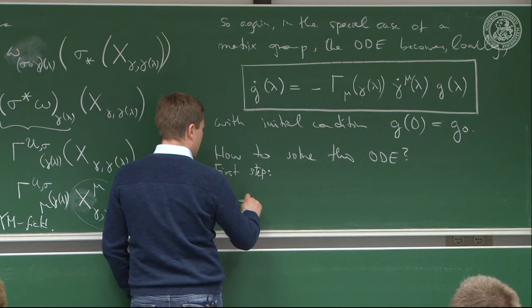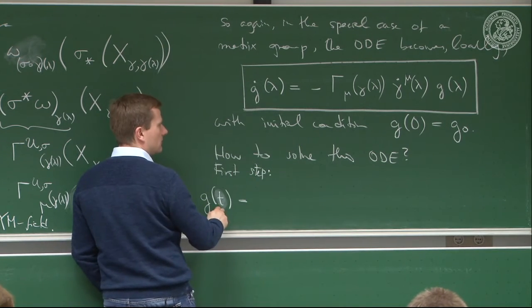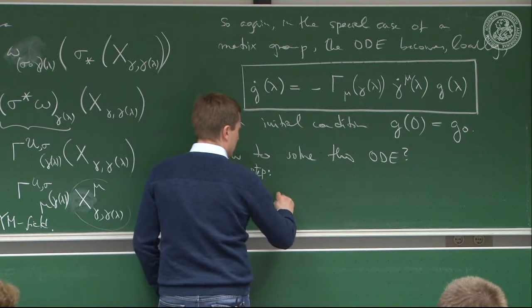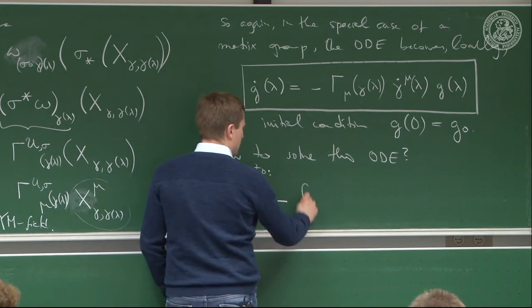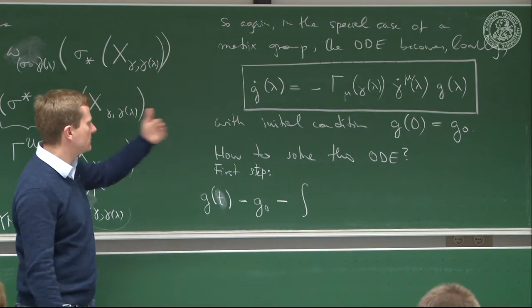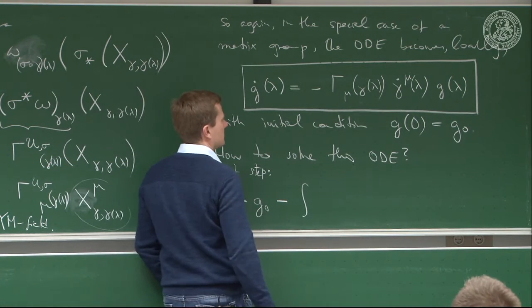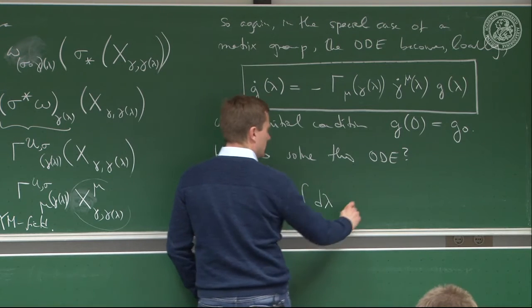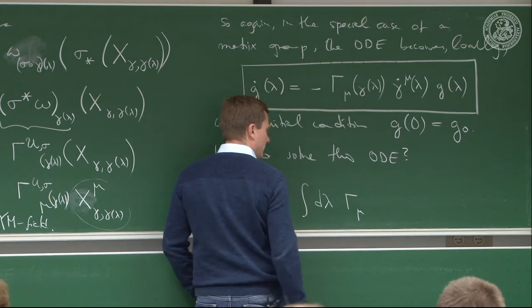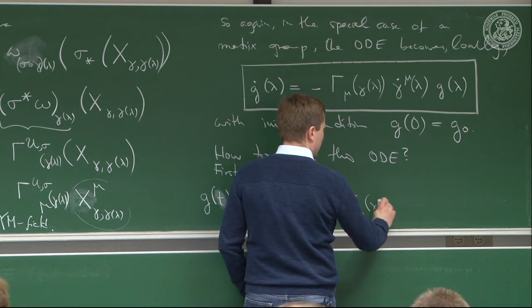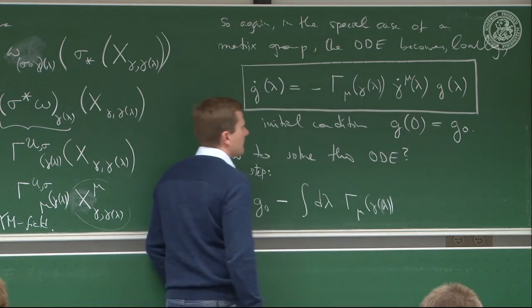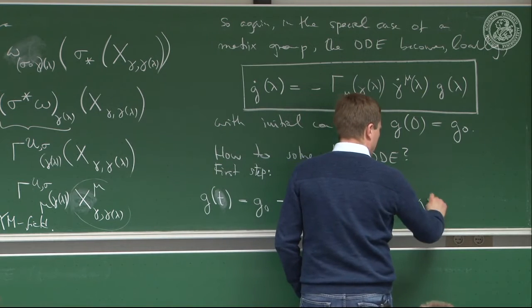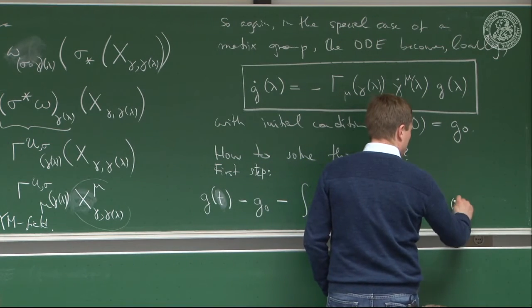G of t equals, well, g of 0 is supposed to be g0, so let's start with this. And then I write minus the integral, so I integrate both sides, and this is just the integration constant, minus d lambda gamma mu of gamma of lambda, gamma dot mu of lambda. Well, and here is the g of lambda.